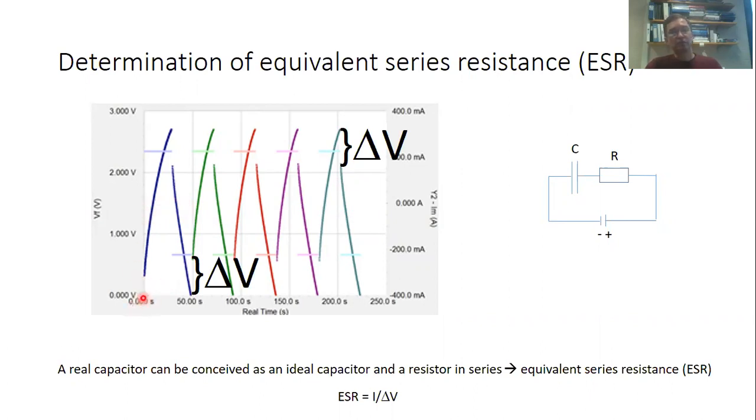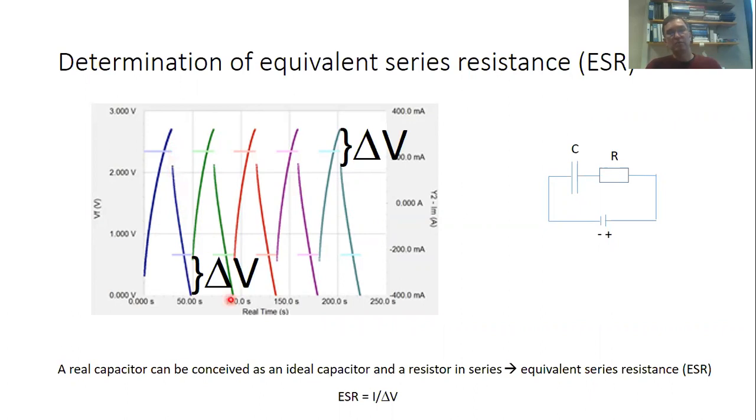You see that when we start a cycle, the voltage jumps to a certain level before it actually increases in a linear way. And when we reverse the current, again we get a potential jump. That is because of the IR drop.